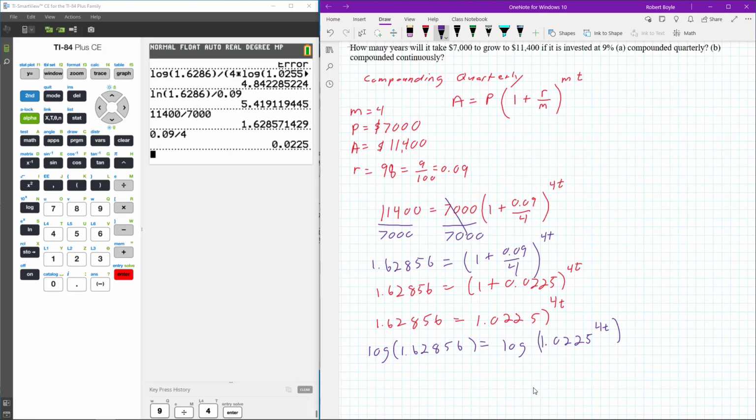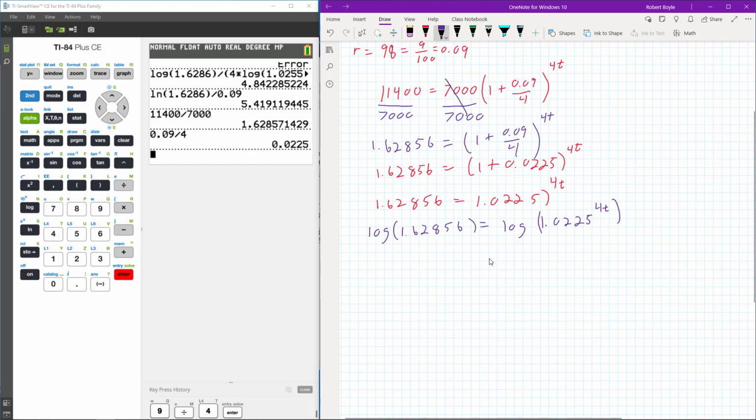Using the power property of the log, we can write this as 4 times t times the log of 1.0225, and that will be equal to the log of 1.62856. I can now divide both sides by 4 times the log of 1.0225.